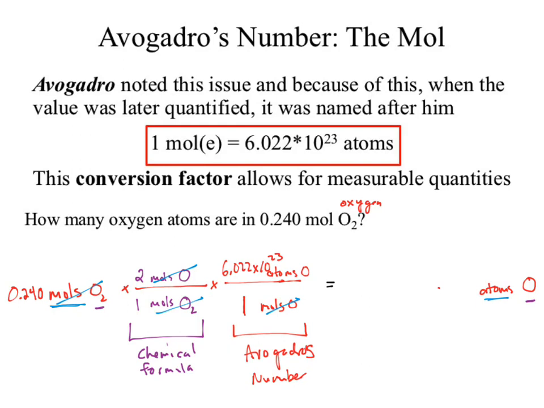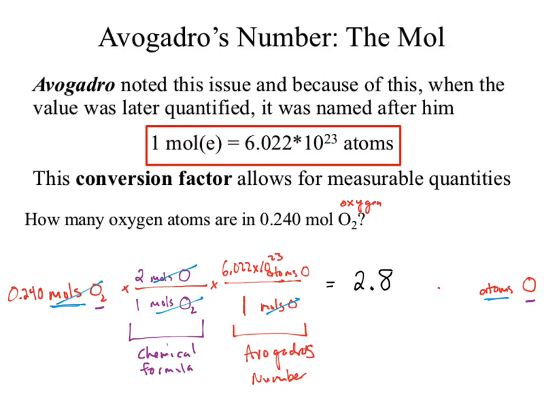7 times 10 to the 22nd. Ish. I may have just made that up. I had 2.89 times 10 to the 23rd. Whatever. Right. I didn't have a calculator. Give me a break. What was the number? 2.89.